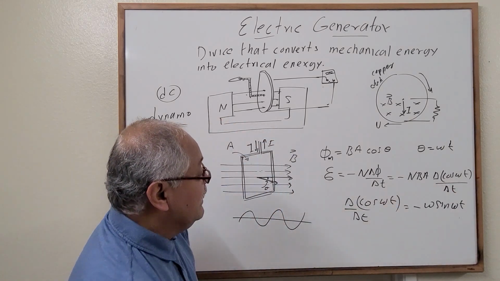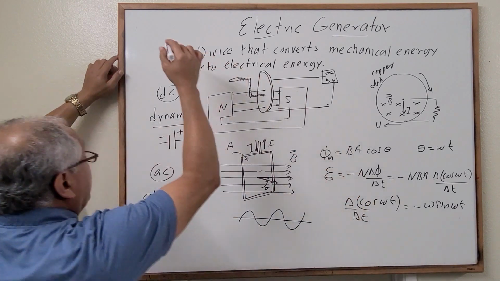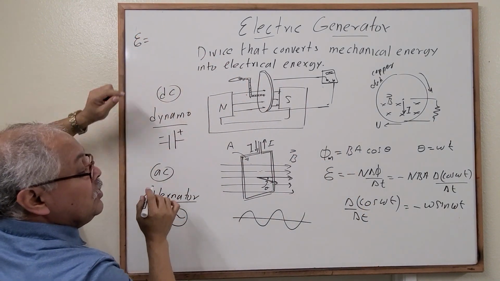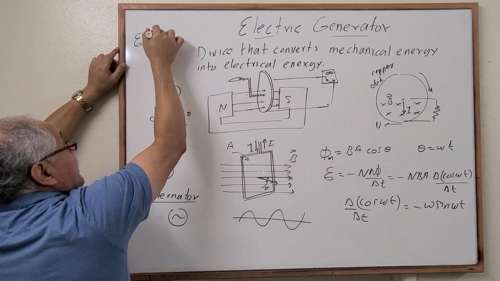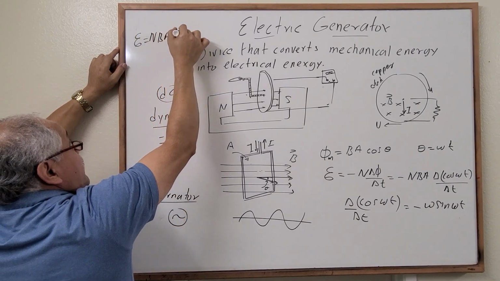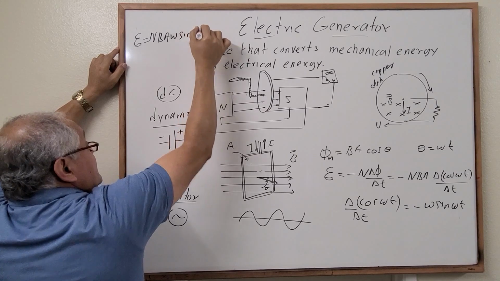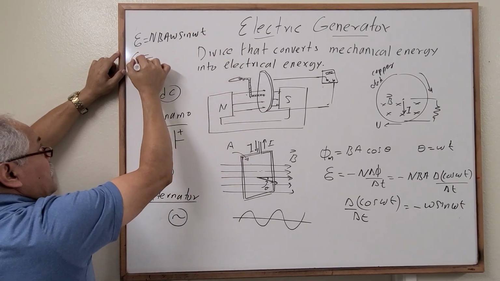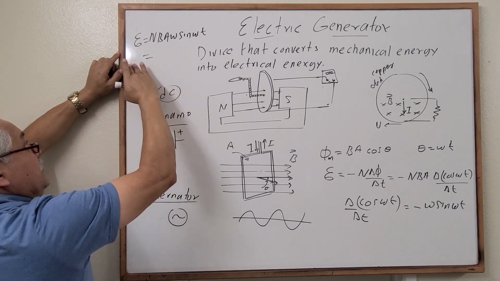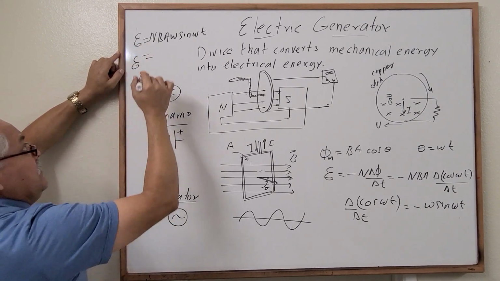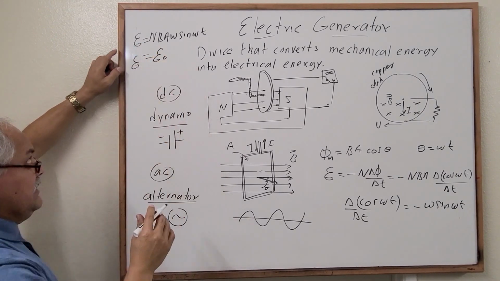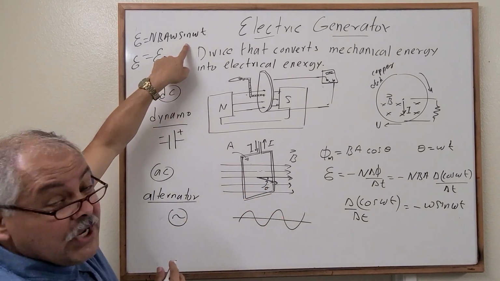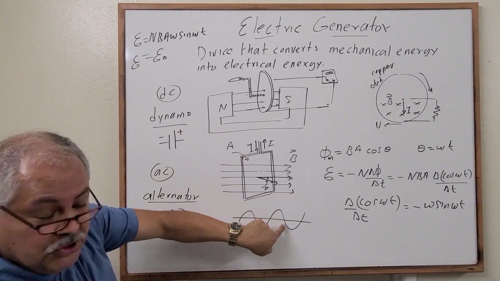Let's take that for granted, and let's plug this value right here. And what do we have? Then the electromotive force, let me draw it right here, is equal to N B A omega sine omega t. Or we can represent this in this way also. The electromotive force is equal to a constant. This is going to be the amplitude because it's going to be a wave, because this sine produces this function.